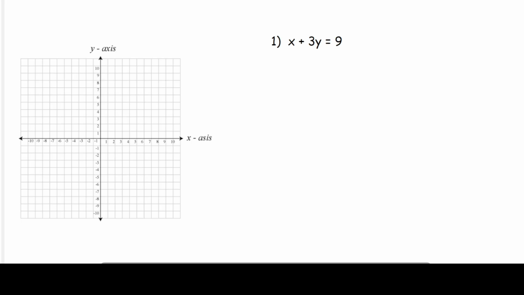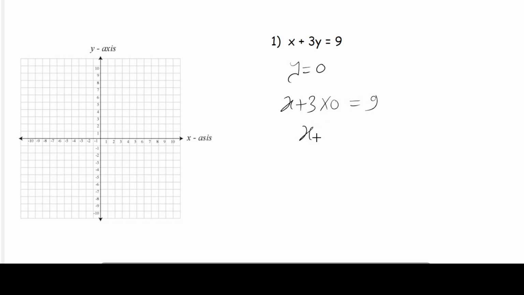So now moving to the next problem, we have x plus 3y equals 9. For the x-intercept, y equals 0. So put this y in the equation for finding x. So x plus 3 times 0 equals 9.